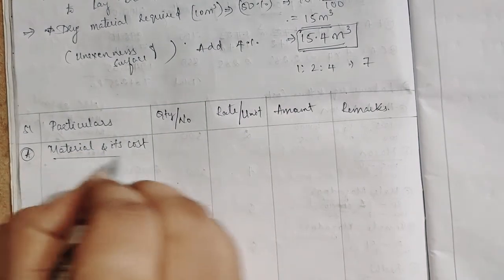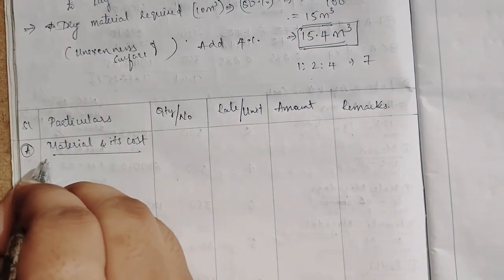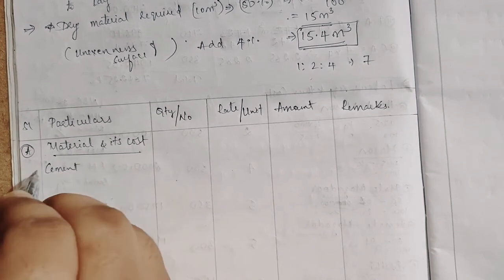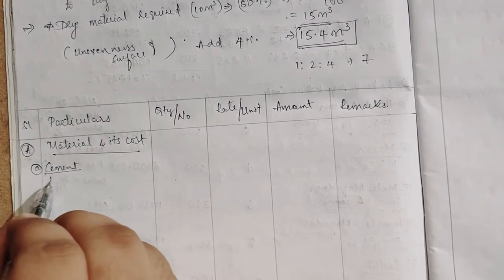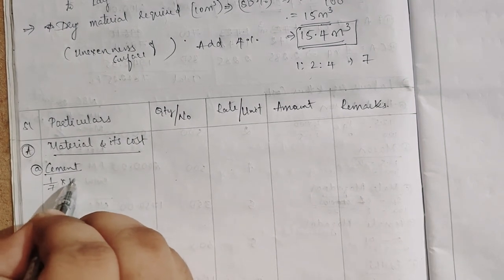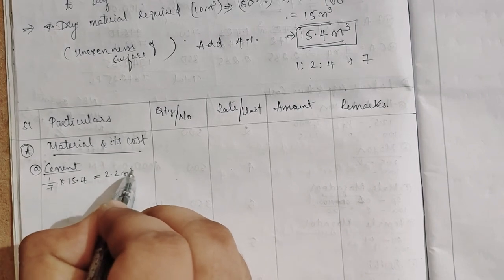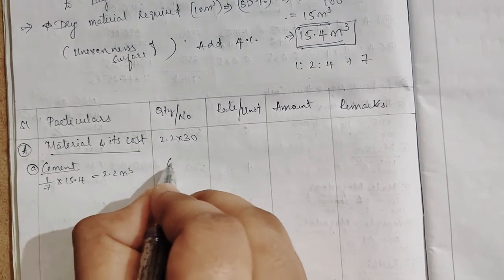Okay, so what are the materials required? They have given the ratio. So the first item I will take as cement. Cement will be 1/7 into 15.4, it will be 2.2 meter cube. So 2.2 into 30 will be 66 bags.